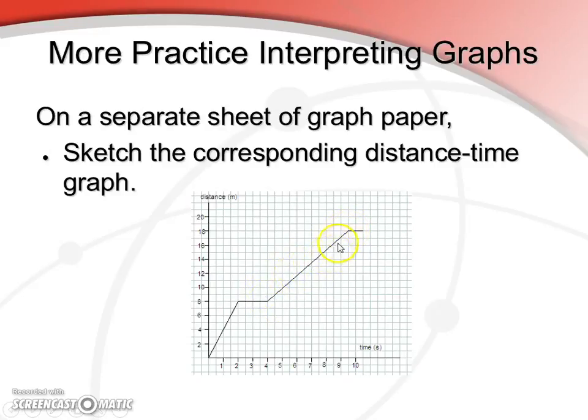The car is moving, just moving slower. It's got a smaller slope, 2 meters per second. And the last segment, of course, the car isn't moving, it's at rest. So there's a very important distinction, and you need to be able to draw these distance time graphs and move back and forth between distance time and displacement time graphs.